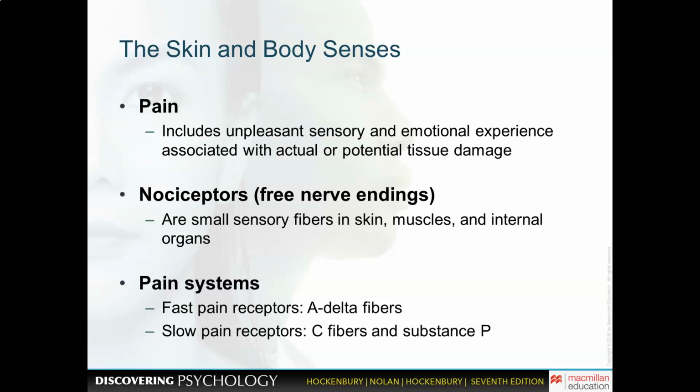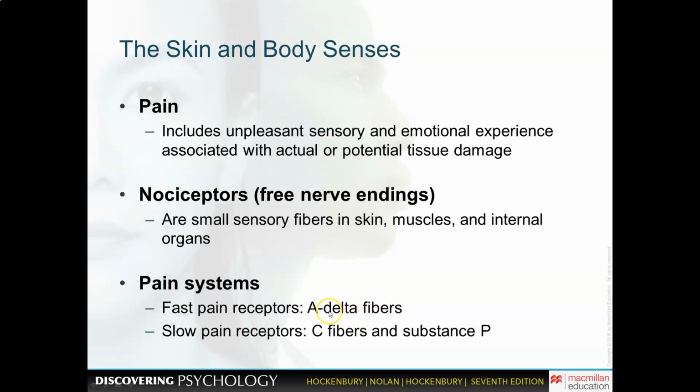Now we have two different types of pain systems here. We have what's called A delta fibers, and those are our fast pain receptors. When we get injured and first feel pain immediately, for instance if you touch something hot and immediately pull your hand back, that is your A delta fibers. That is your fast pain.